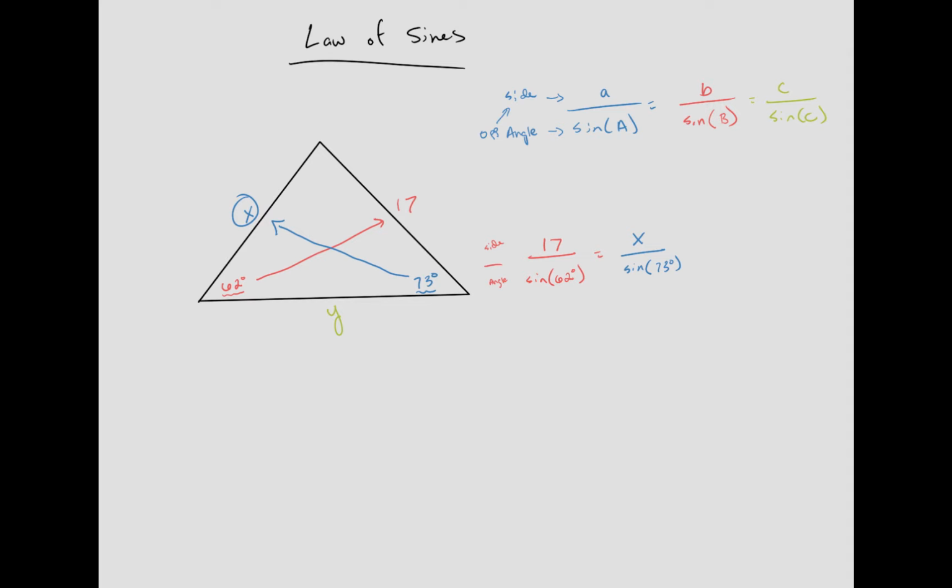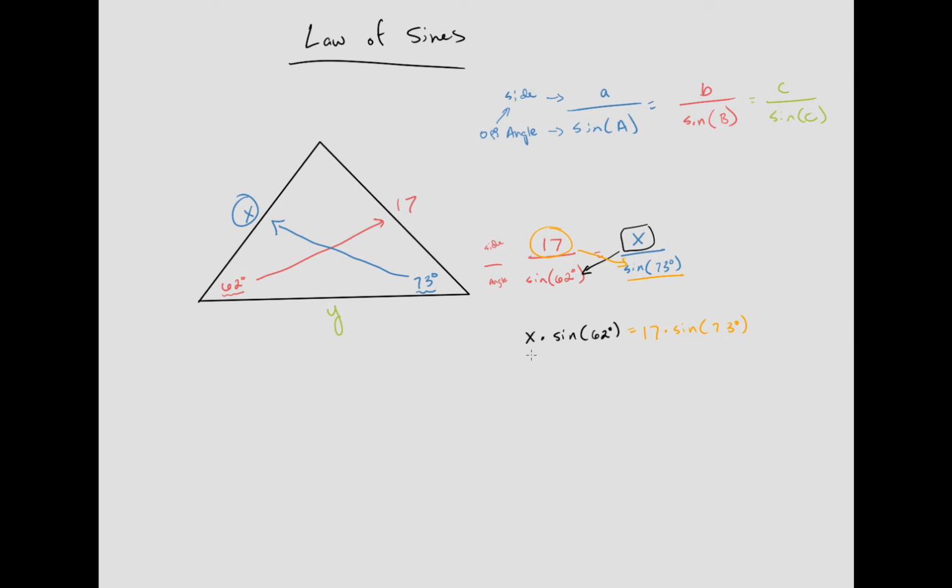Here's the trick though. You don't use your calculator. Don't pick it up until you've isolated x. So I'm going to cross multiply here. It's going to be x times the sine of 62 degrees is equal to 17 times the sine of 73 degrees.